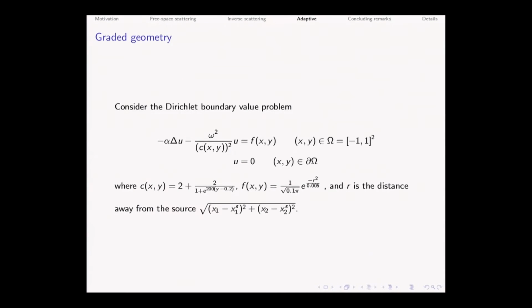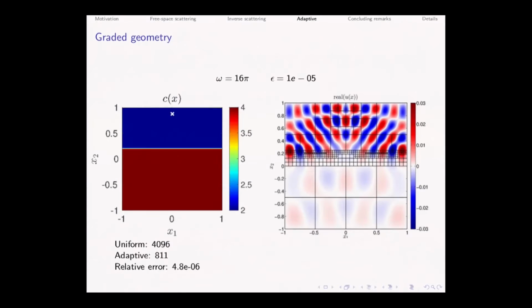So now some problems that you might be more interested in. So those were elliptic. How does this work for Helmholtz problems? So here I'm going to have a smoothly graded change in the velocity profile. And the solution is not known here, so we compute an approximate solution using uniform refinement.